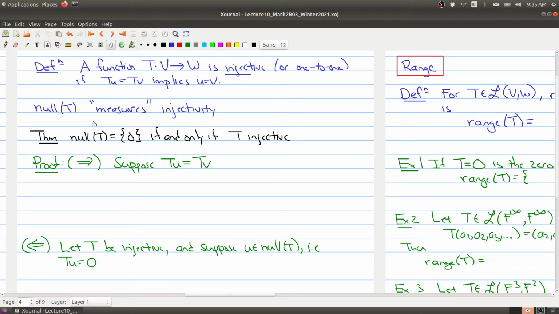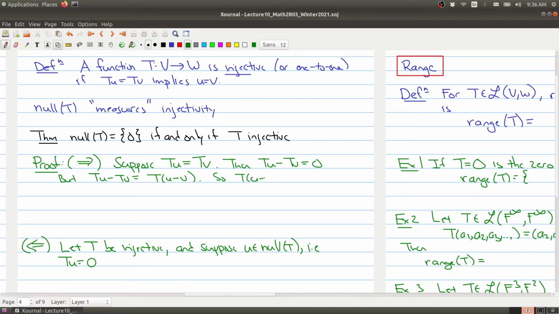We're assuming that the null space only contains the 0 element, and we want to show that our function is injective. So we suppose that Tu is equal to Tv, and we want to show that u is equal to v. If we assume this, we can rearrange the equation, so we get that Tu minus Tv equals 0. But T is a linear map, so Tu minus Tv is the same thing as T evaluated at u minus v.